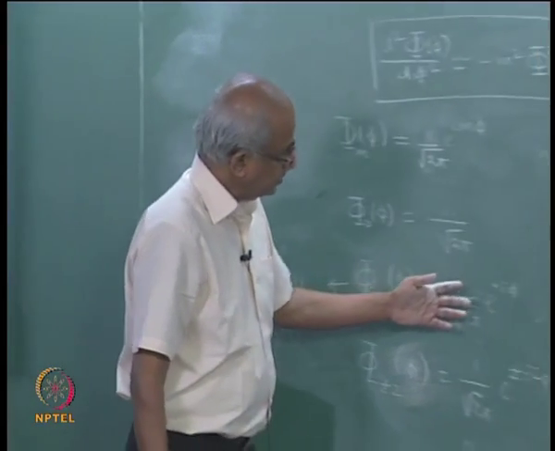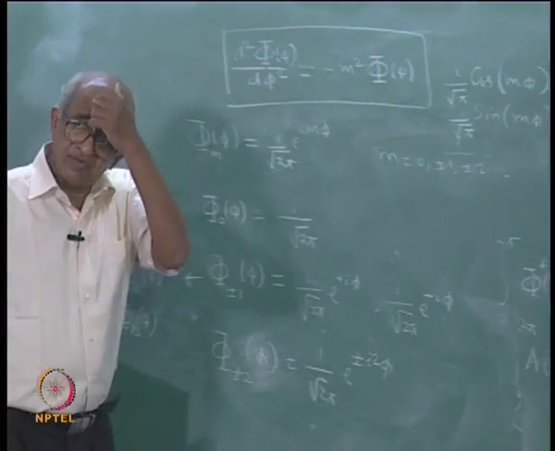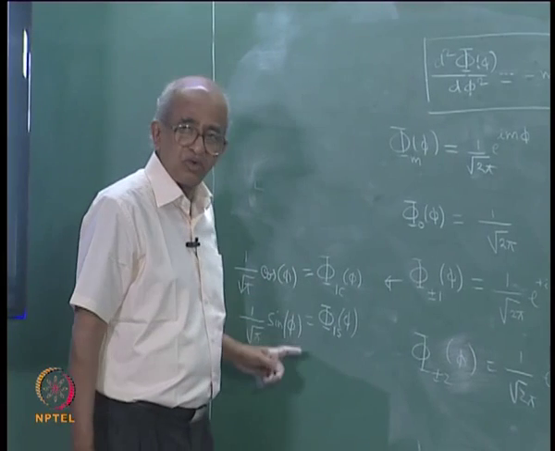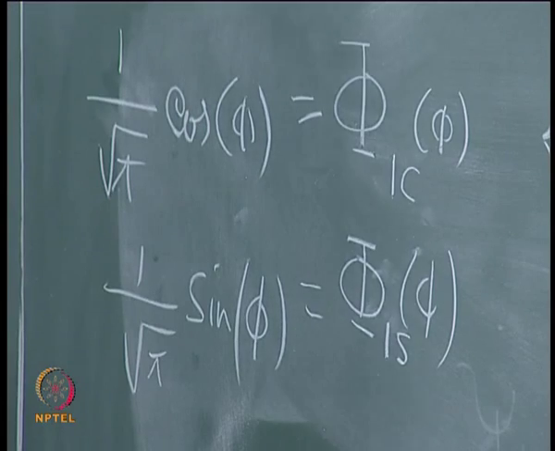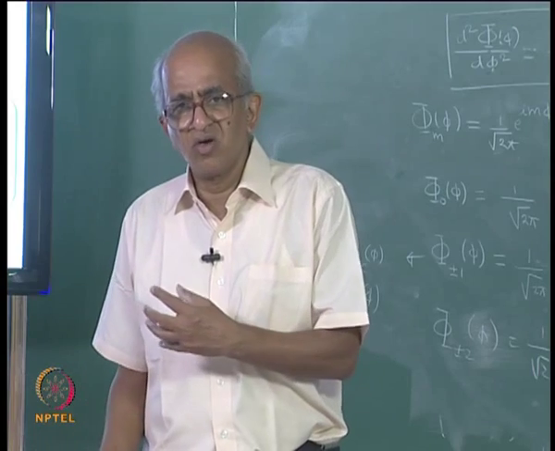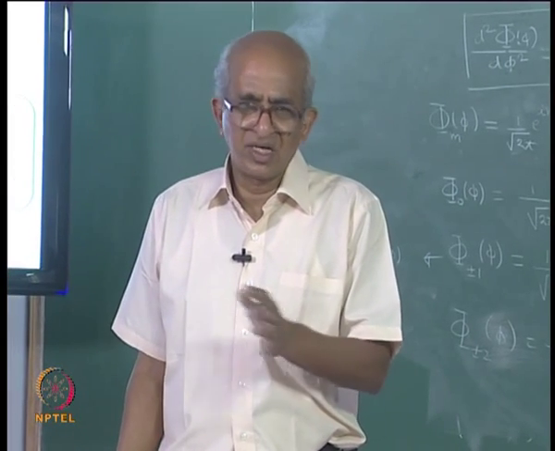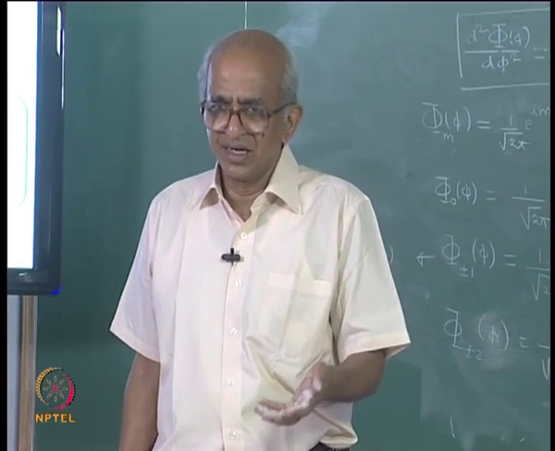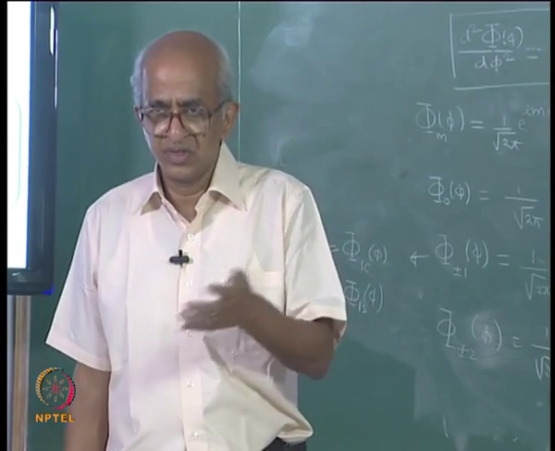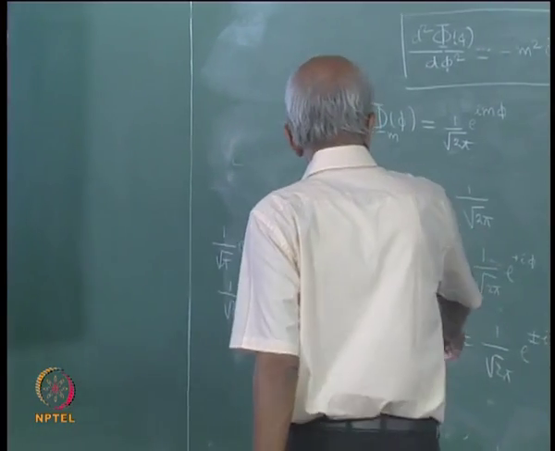So, instead of choosing the complex solutions, I can choose these two as my solutions equally well. Many a time we want to work with real functions, particularly since these are going to lead you to atomic orbitals, and chemists are normally happier if the functions are real, usually.